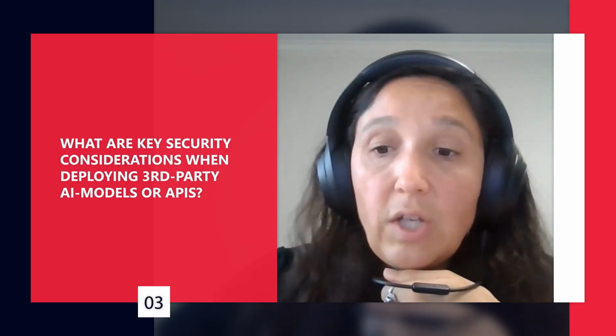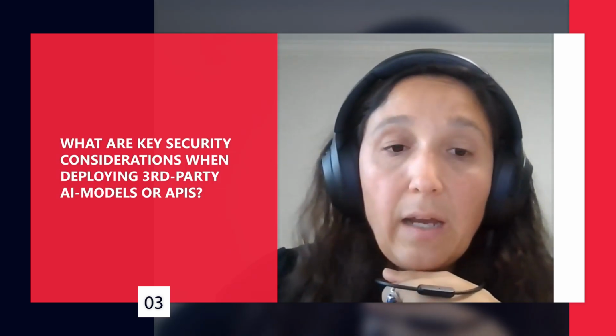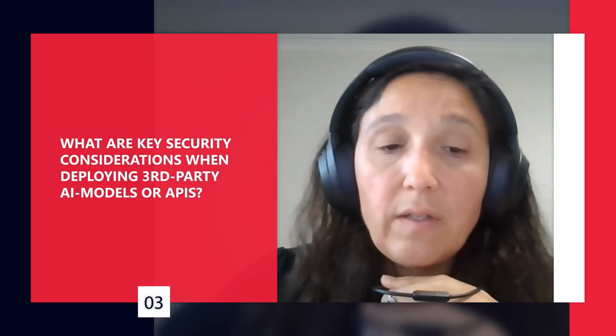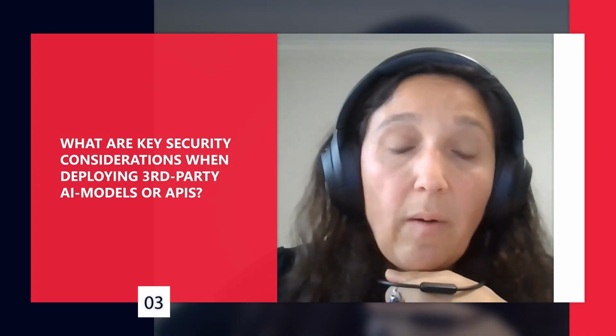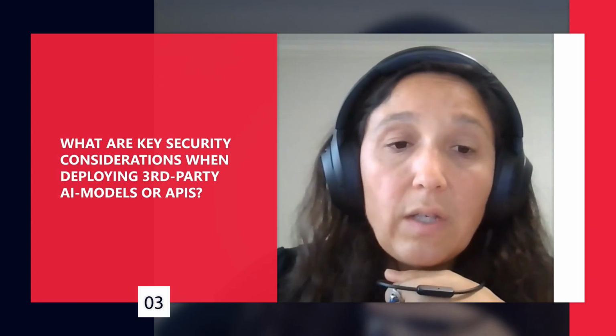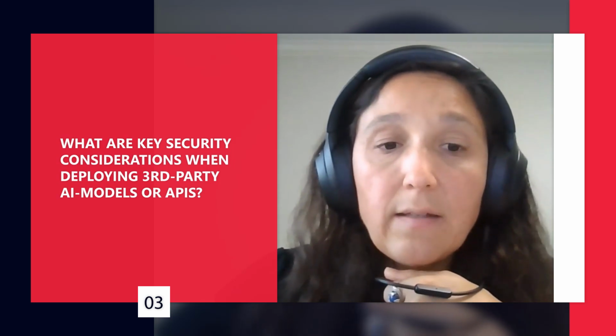So you want to check that when you are deploying a third-party AI model, they took into consideration the most common vulnerabilities. So what they have in place for prompt injection, what is in place for data leakage, things like that.